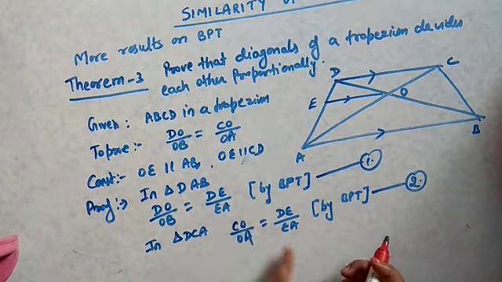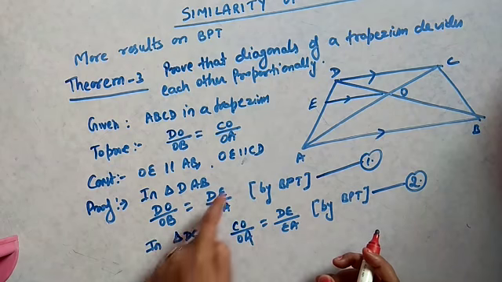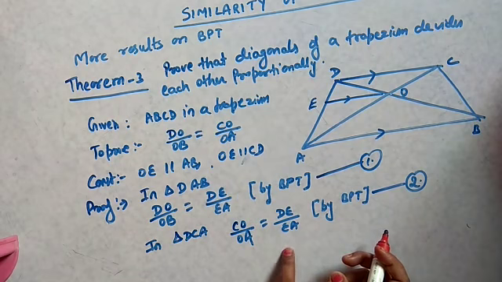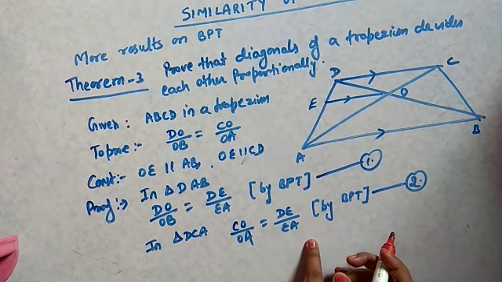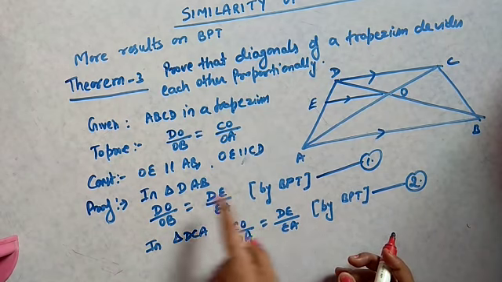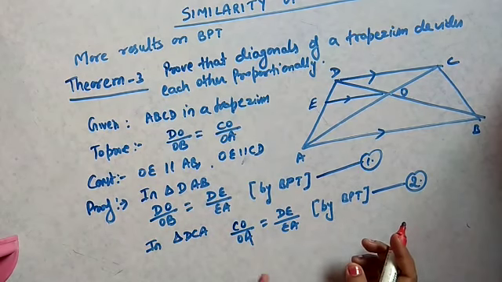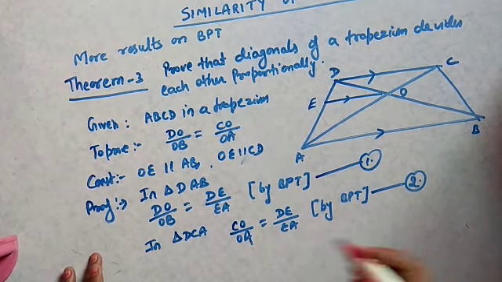Now see, from equation 1 and 2, since DO by OB equals DE by EA, as well as CO by OA is also equal to DE by EA, the RHS of both the equations are equal, so we can say the LHS will also be equal.